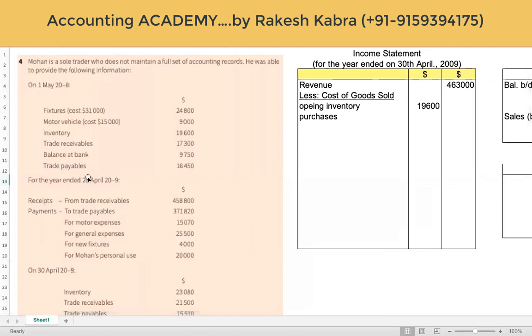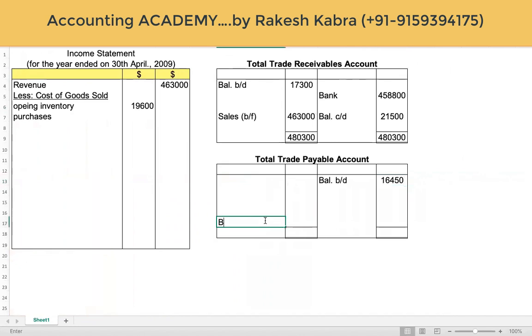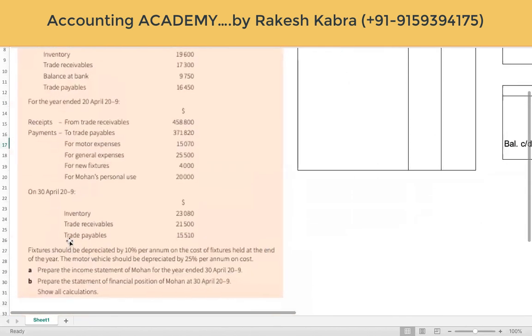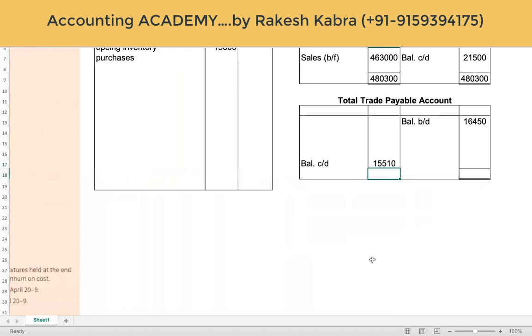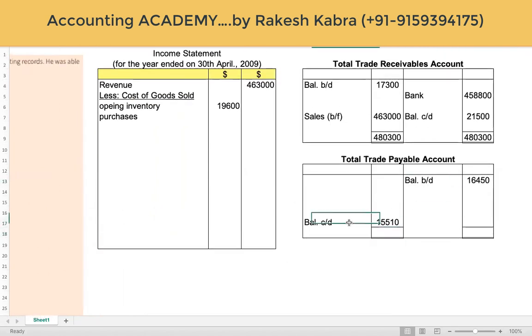Trade payable 16,450. Then the closing balance I will write on the debit side. On the last date trade payable is 15,510. So opening balance on the credit side, closing balance on the debit side.